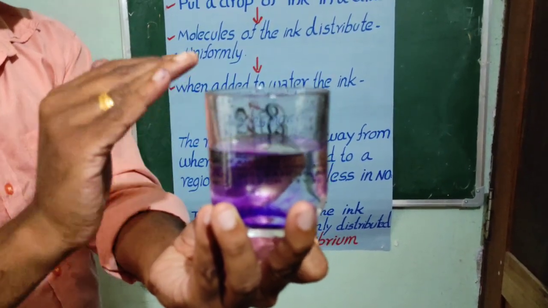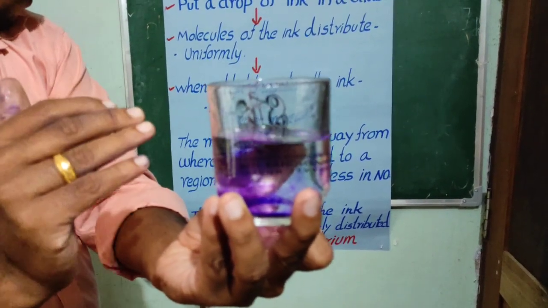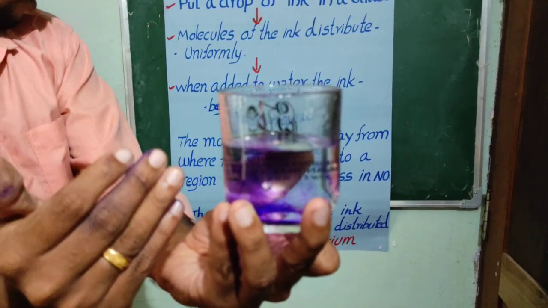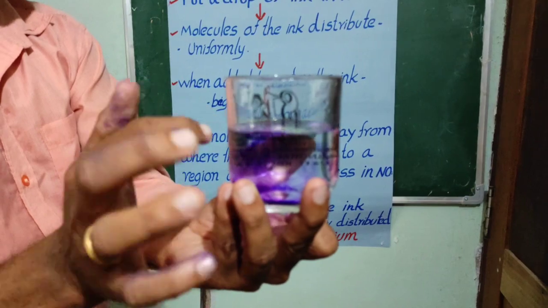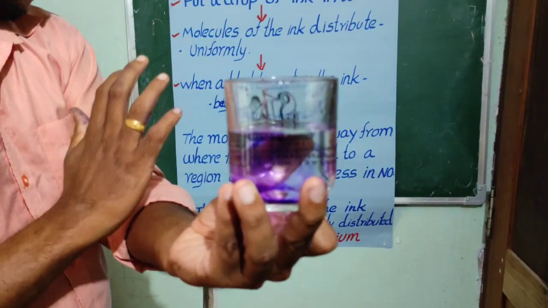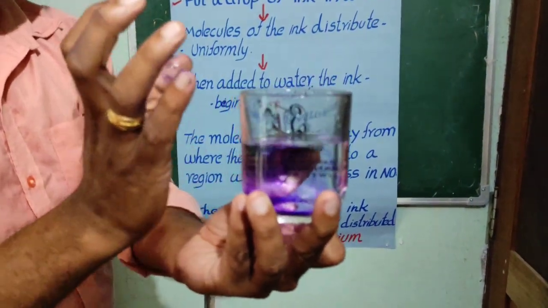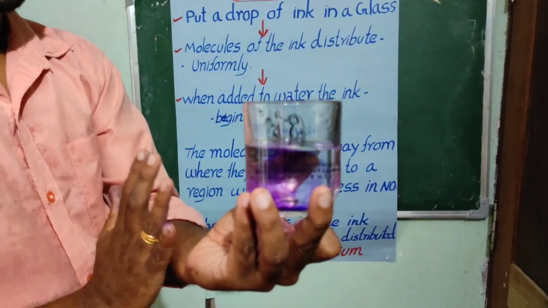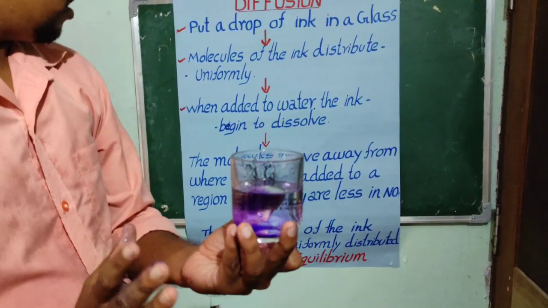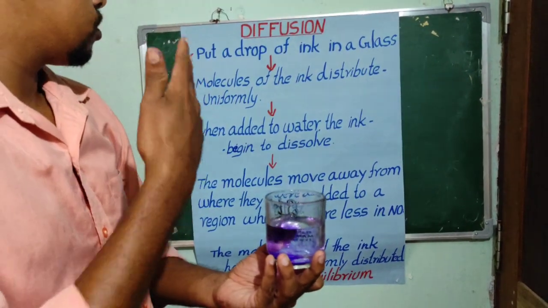Okay, now it is moving. The molecules of the ink have been uniformly distributed throughout this glass of water. That means it has attained a state of equilibrium. So in this way we can describe diffusion.